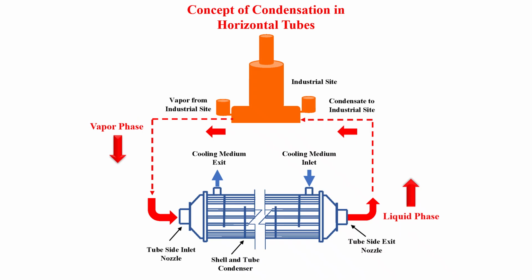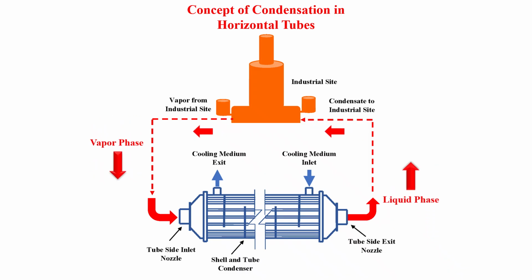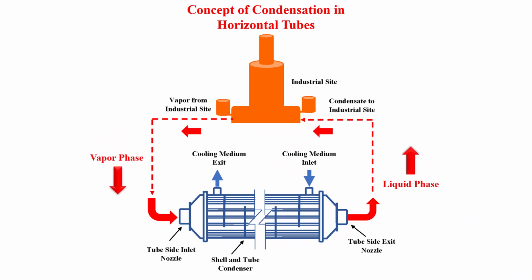This is a simple illustration where the heat can be transferred from the condensate to a cooling medium, such as cooling tower water. And this is how the condensation process can occur or be applied in industry.